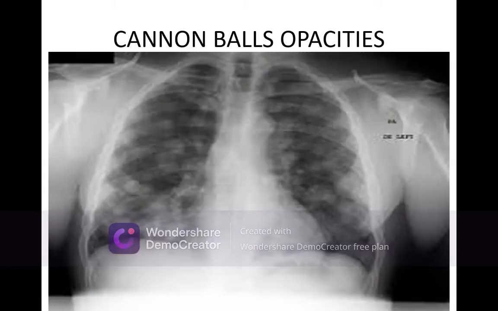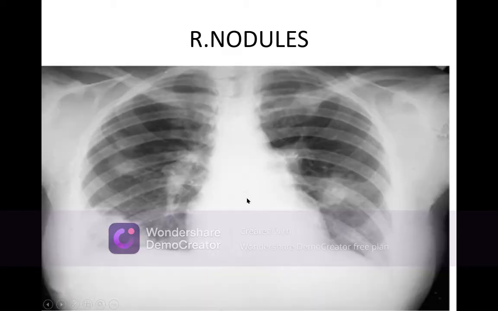But one more thing, you see that the cannonballs are visualized along the lateral chest wall. It is in a linear fashion, and the size is 20 millimeters or more, of different shapes and sizes, non-geometrical, and the parenchyma between the opacities is normal. Very near to the diagnosis is rheumatoid nodules.